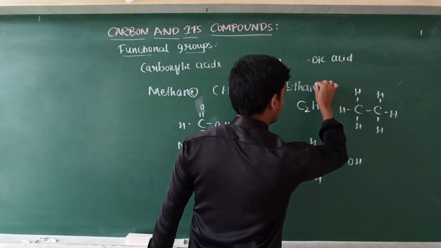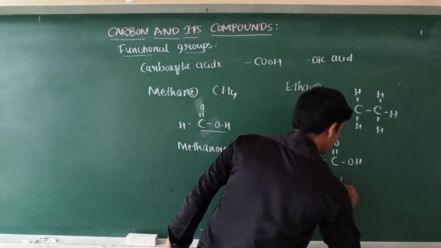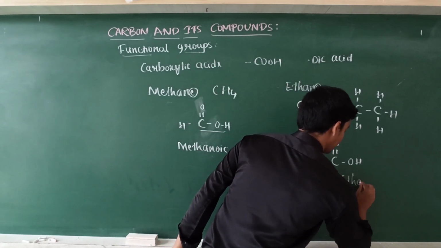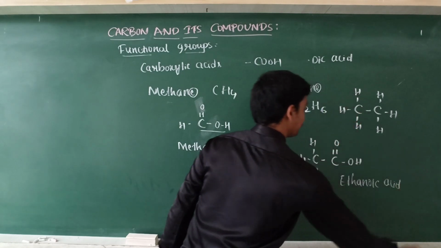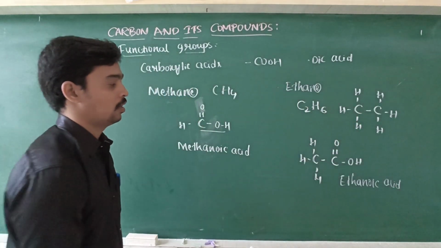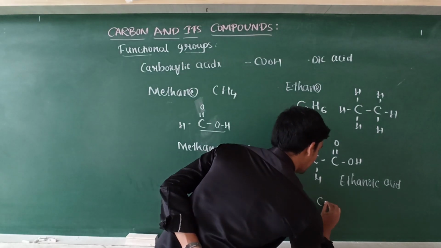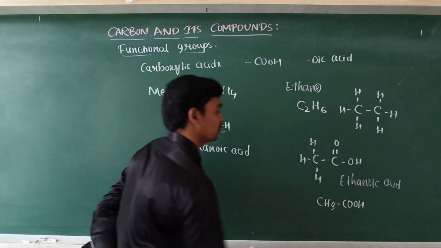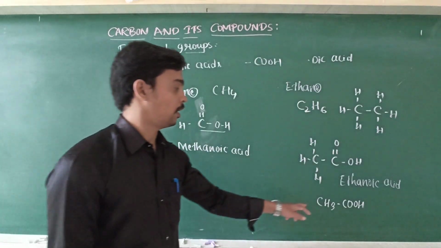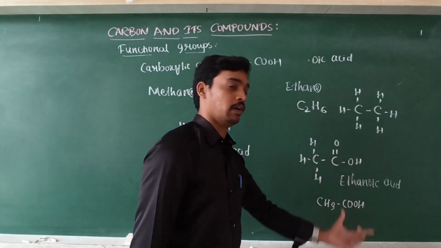Just replace E with oic acid and it has become ethanoic acid. Another chemical formula for it is CH3COOH. The molecular formula of ethanoic acid is CH3COOH.